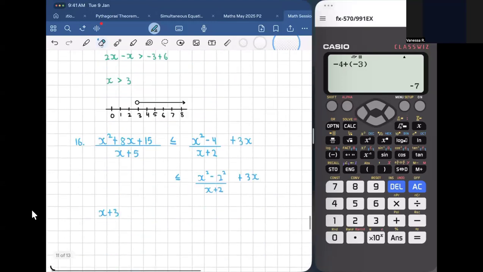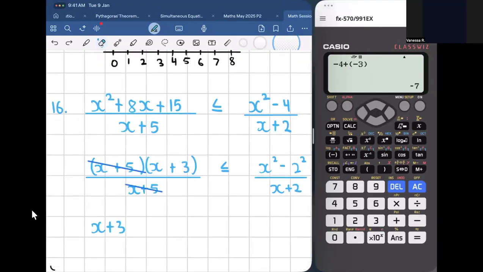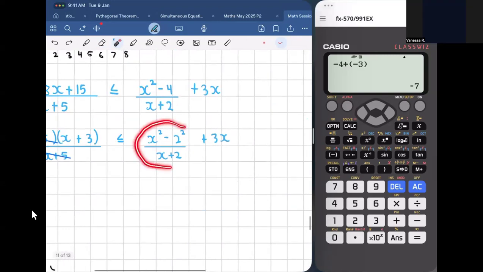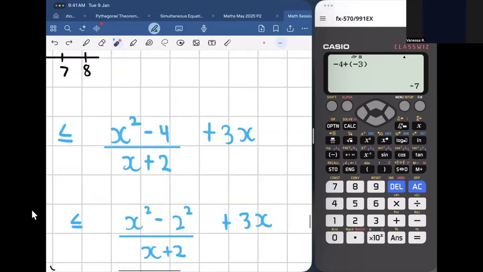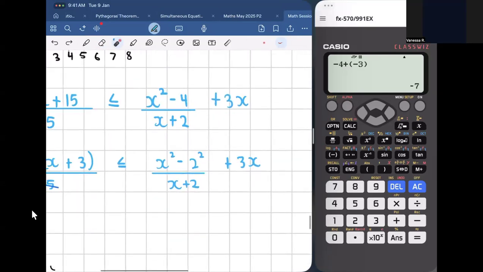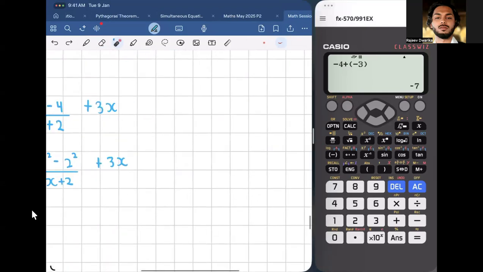No, I reached that part where I already have it there, but I don't know what else I have after that. So you didn't know that I had to cancel this off? Or you did that? Yeah, I did. So it was the other side that confused you? Yeah. So this confused you, the x squared minus 4. Yeah. Okay. Do you remember what difference of two squares is?